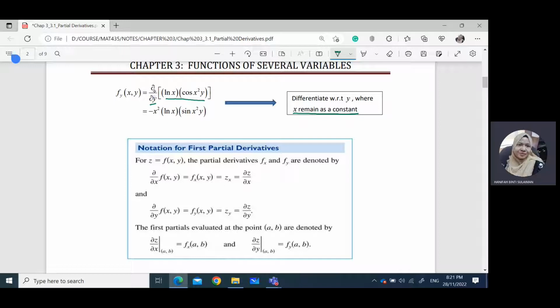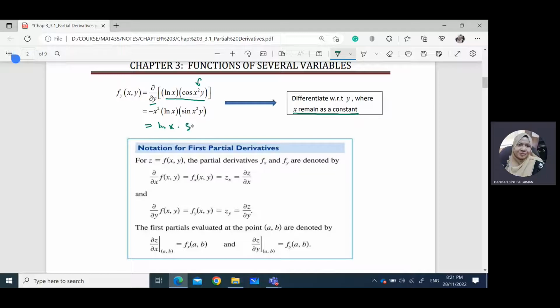So back to this one. We differentiate with respect to y on natural log of x cosine of x squared y. So you need to differentiate with respect to y on cosine of x squared y. Here we have natural log of x, multiplied with the derivative with respect to y on cosine of x squared y.